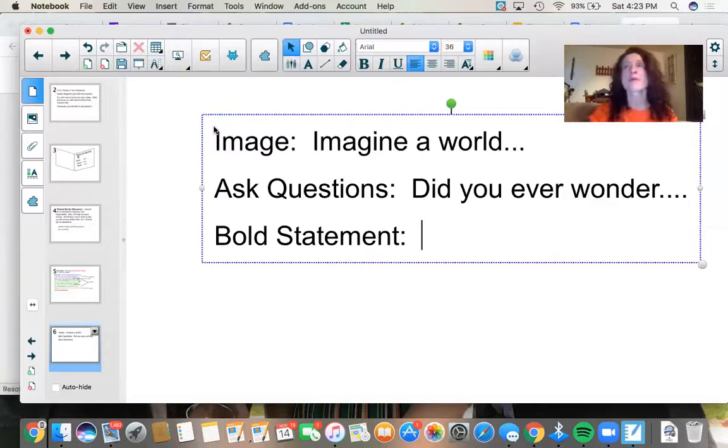Or by getting an allowance, the world becomes a better place because you have lots of resources to make it better. So your bold statement is actually one statement, one sentence that really drives your point into the ground right out of the gate. All right.